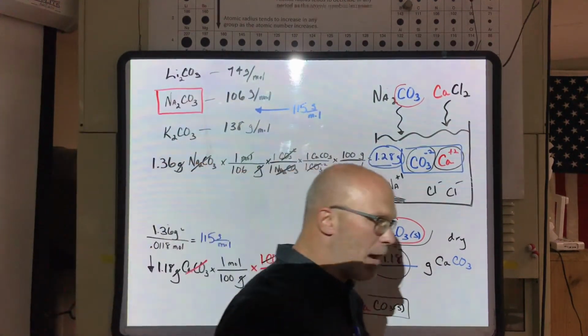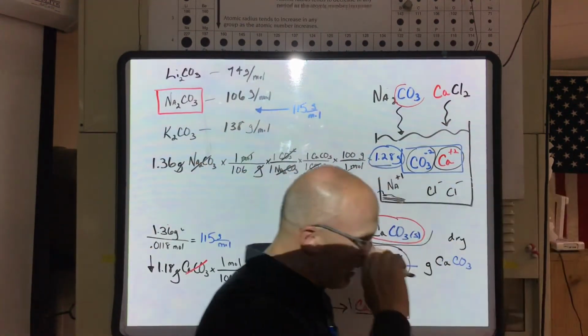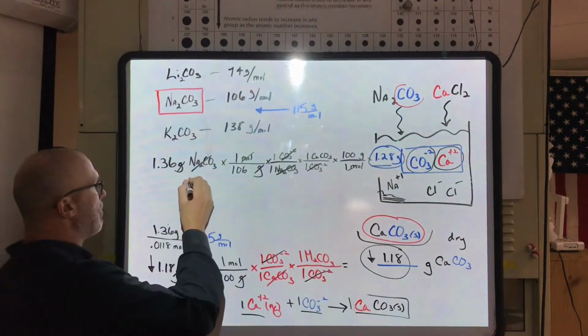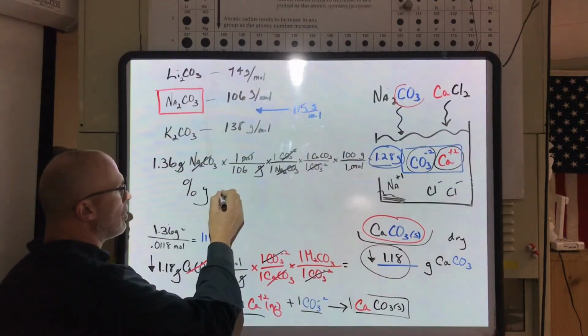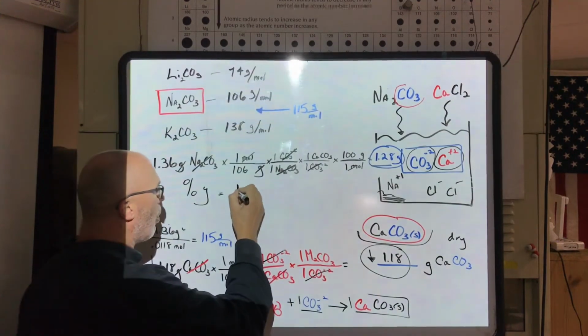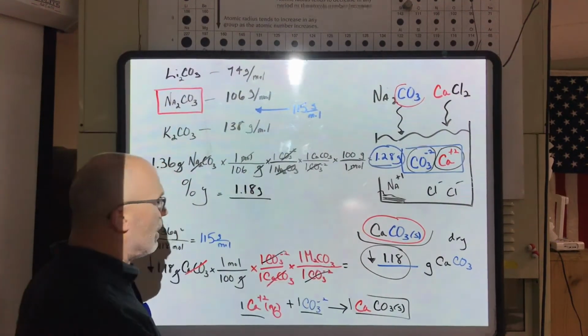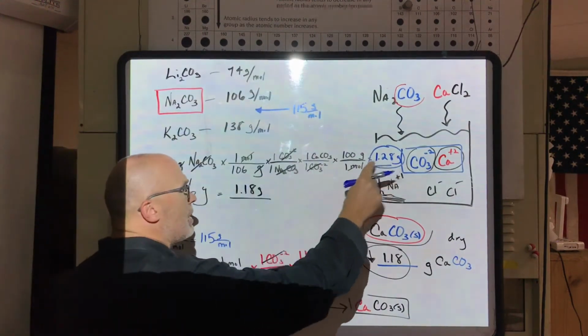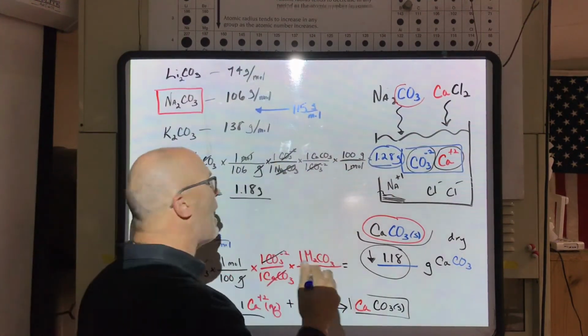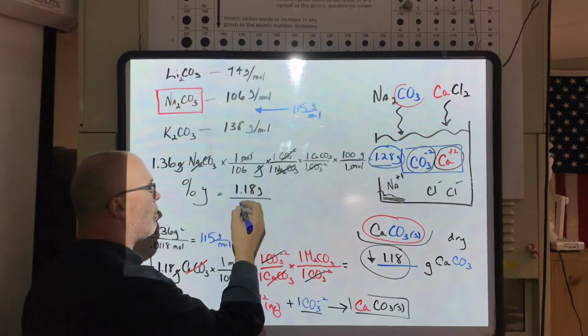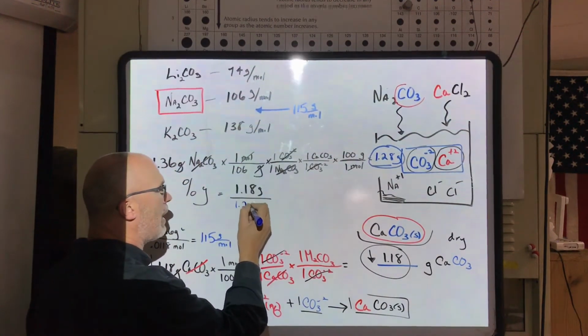And if we do a percent error, do a percent yield, all right, percent yield, we're going to take our experimental 1.18 grams divided by the stoichiometric value we got by doing our pencil and paper math and using ratios and mole concepts, right? 1.28.